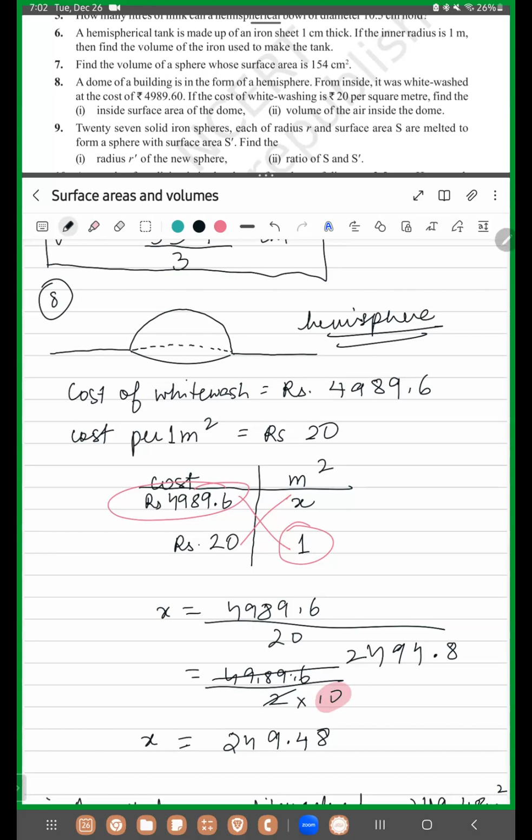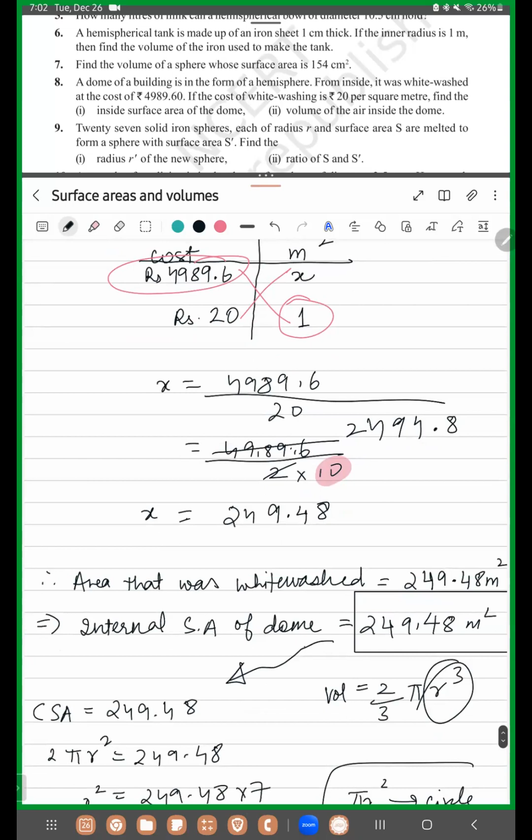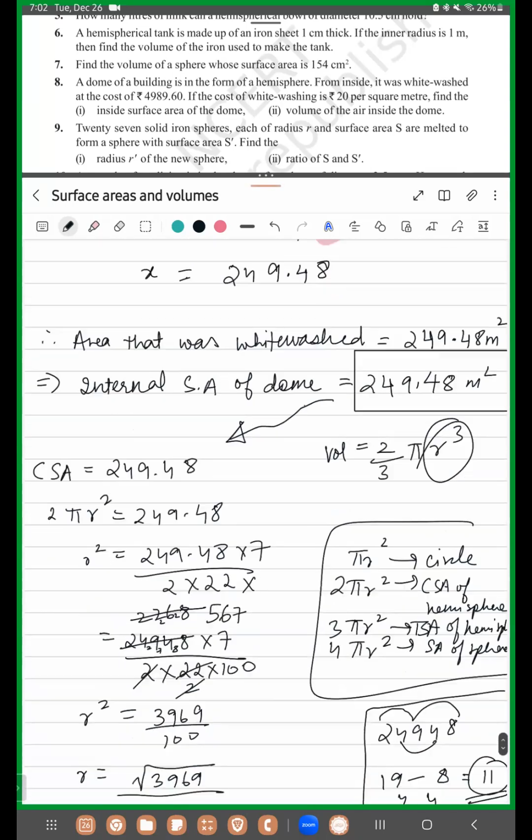From that, we can figure out how much surface area was whitewashed. For x meter square, the cost was this much; for 1 meter square, it was this much. So we can find out x, which is the area that was whitewashed. That means we have found the surface area of the dome.